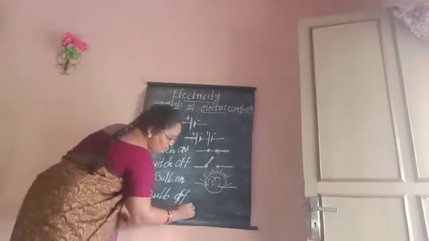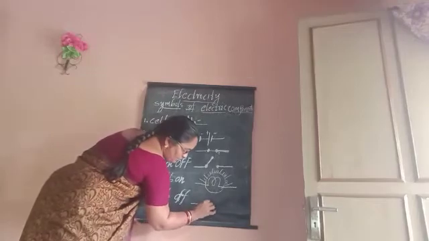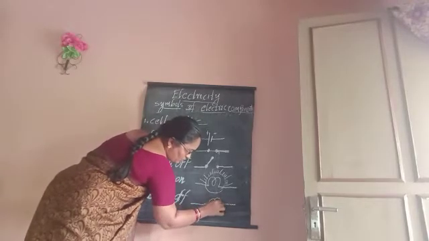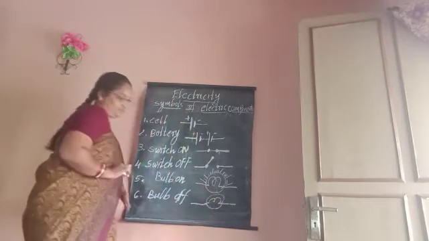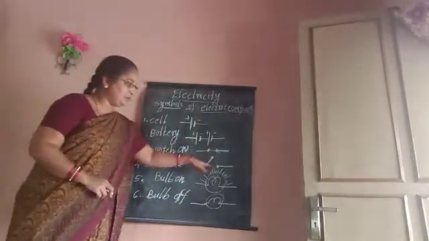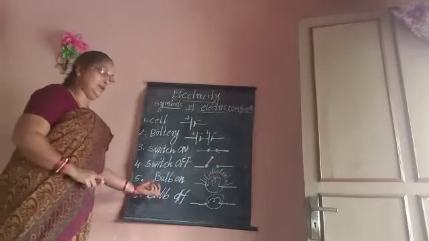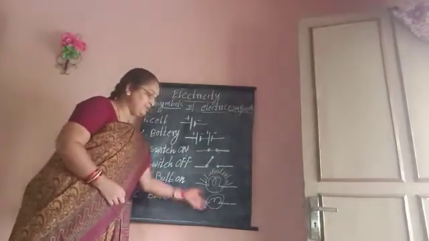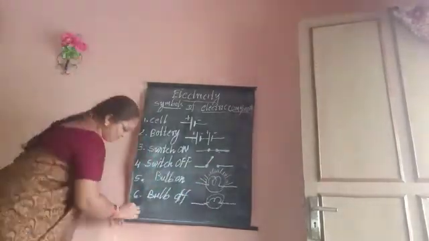Bulb off, it will not glow. If you switch on the bulb it will glow, like this. If the bulb is off, the bulb will not glow, it will be like this.